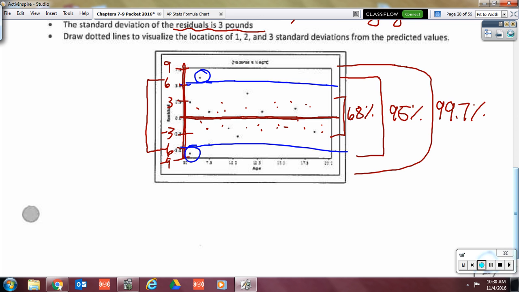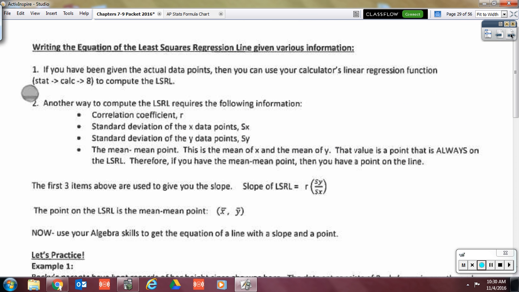to the next page. This concept is now a new concept. All right, so this is another way to write the equation of the line, or that least squares regression line, if you've been given information other than all the data points. Okay, so you haven't been given the lists of the data points.